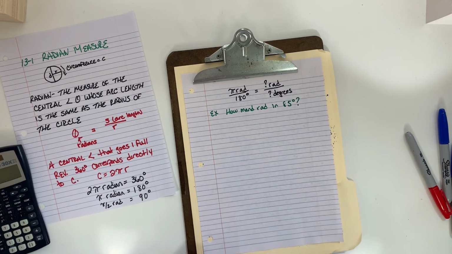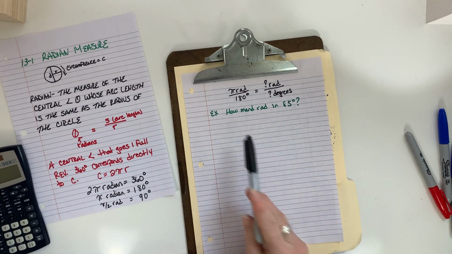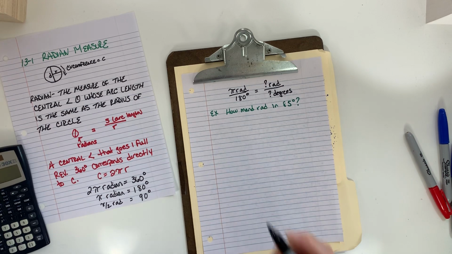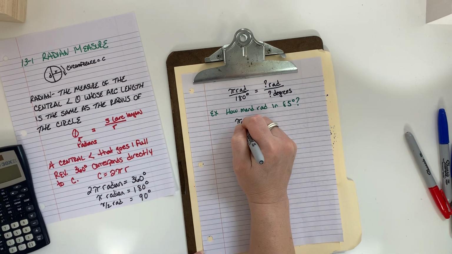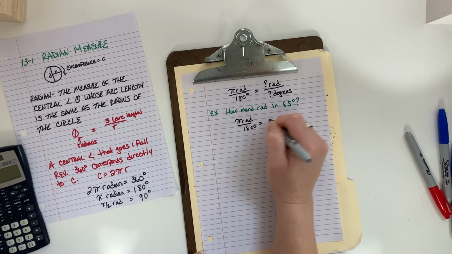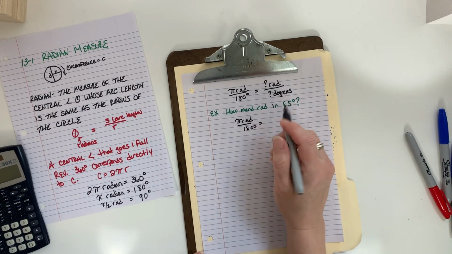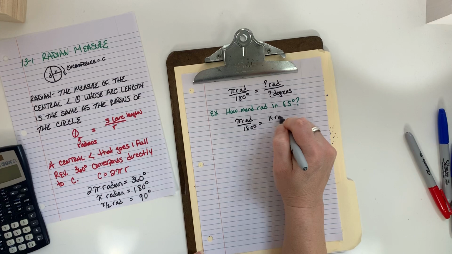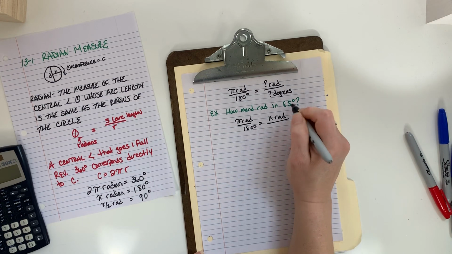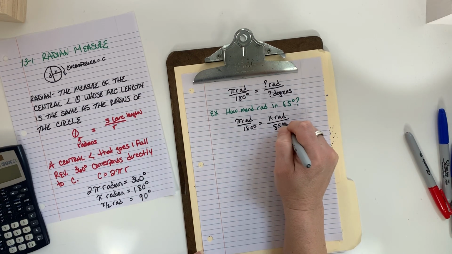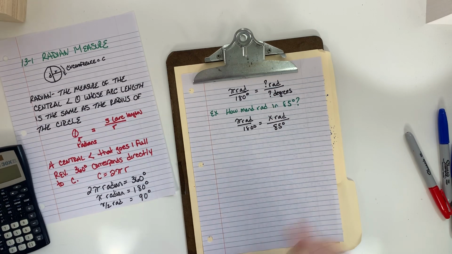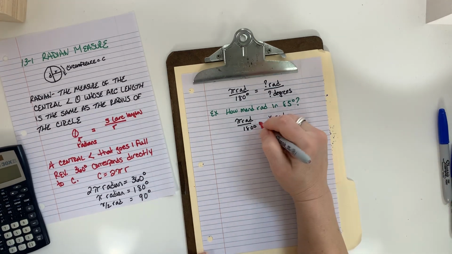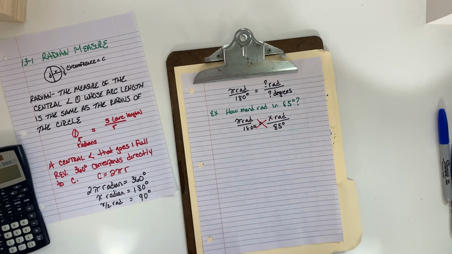So what we're going to do is just use this proportion to find out how many radians there are in 85 degrees. So we're going to say there's pi radians in 180 degrees, and they're saying we don't know how many radians, so there's going to be x radians in 85 degrees. Okay, so then what we're going to do is cross multiply to solve for our proportion.